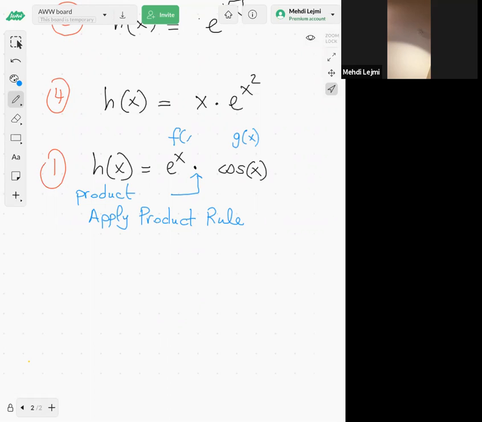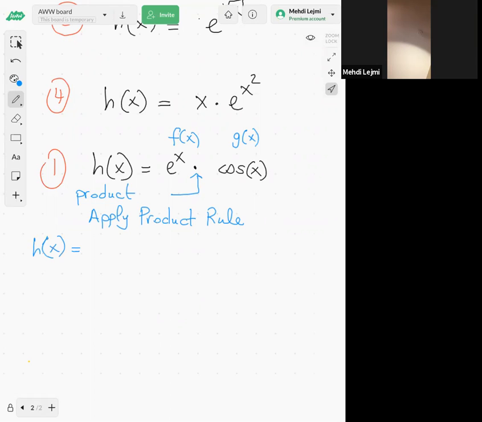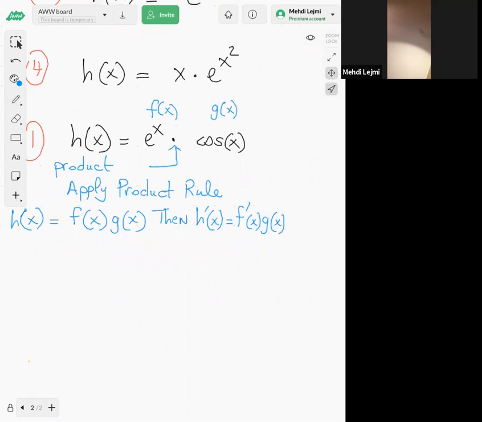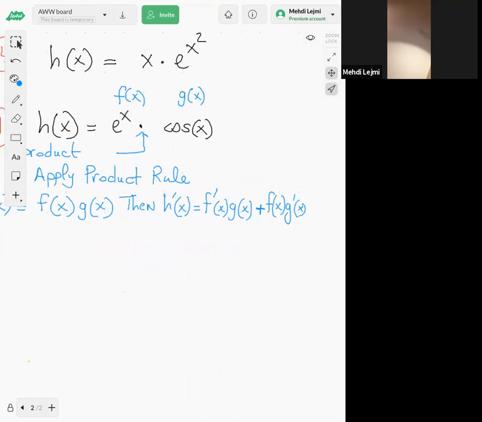If h of x is equal to f of x times g of x, then h prime of x will be f prime of x times g of x, plus f times g prime of x.